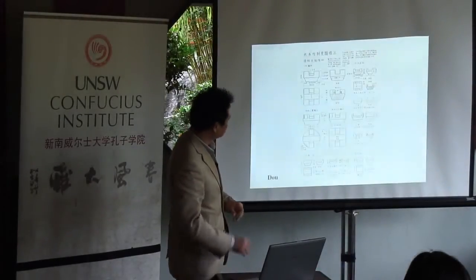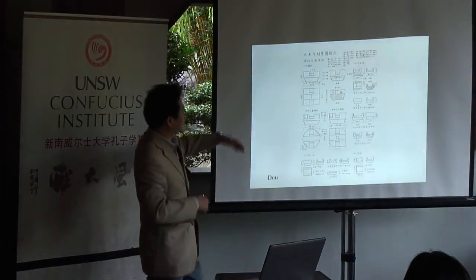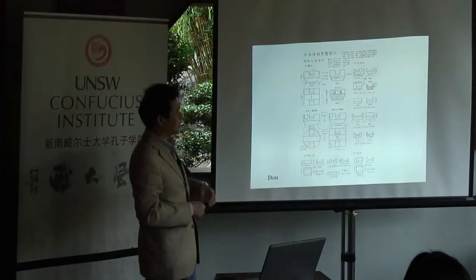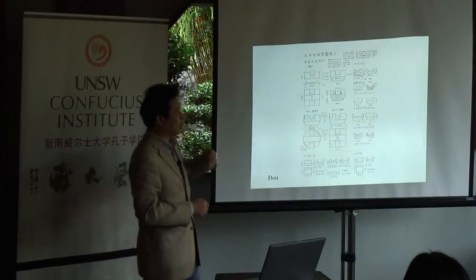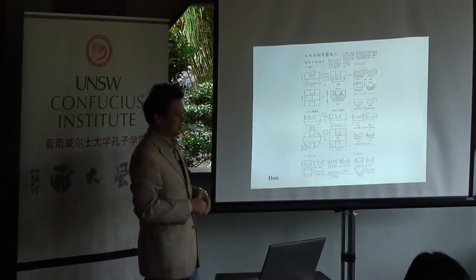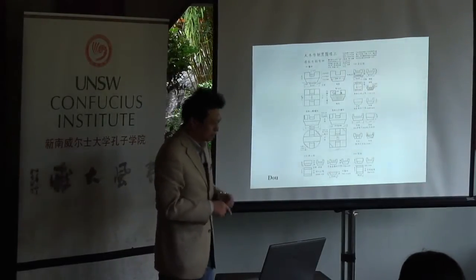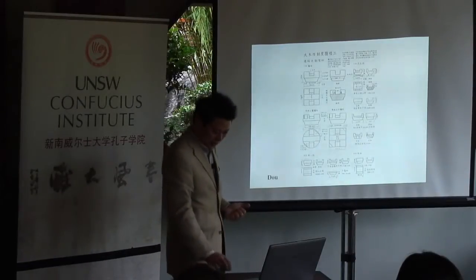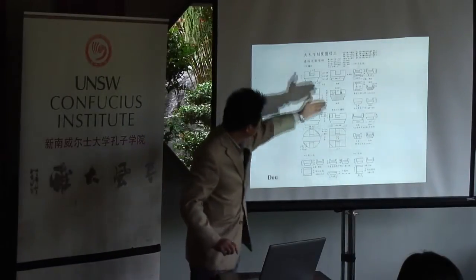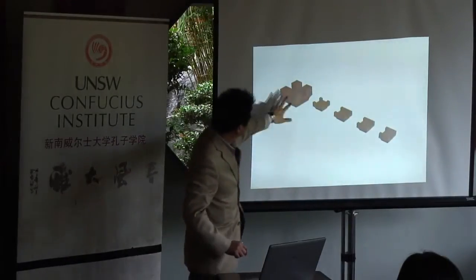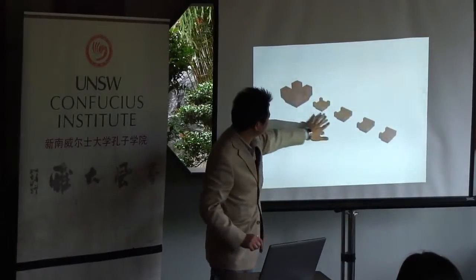And there's another important system, the Dougong system. This is a symbol of the building's level. It's very important in the official style of Chinese ancient architecture. There are different kinds of Dou, different sizes for different situations.